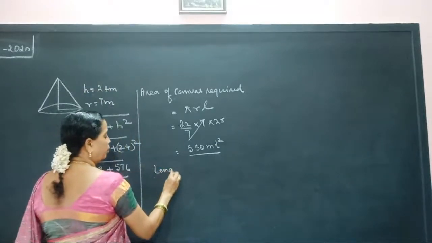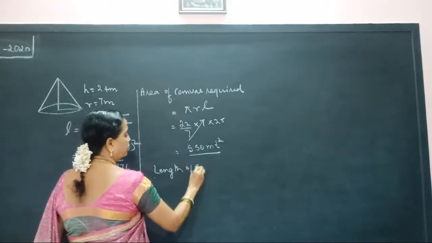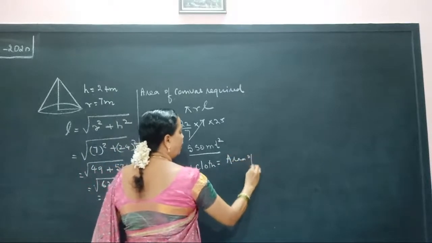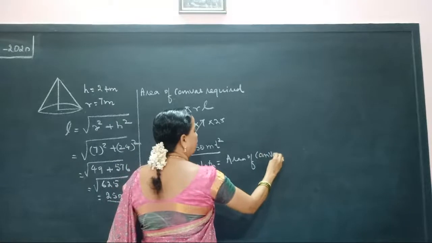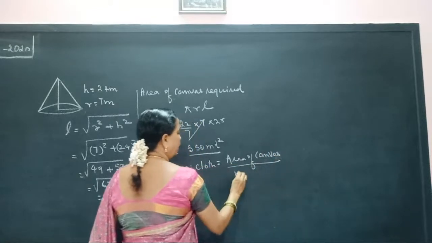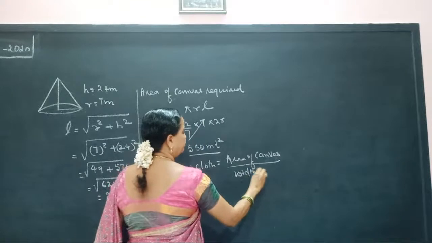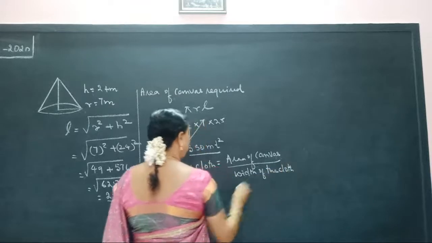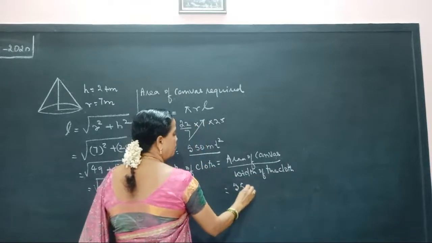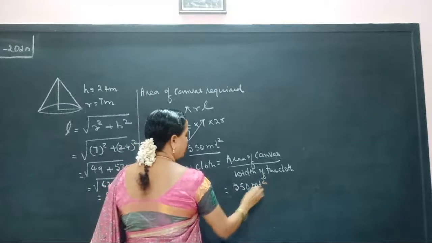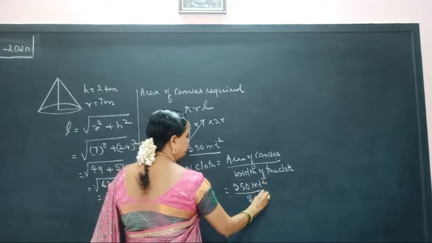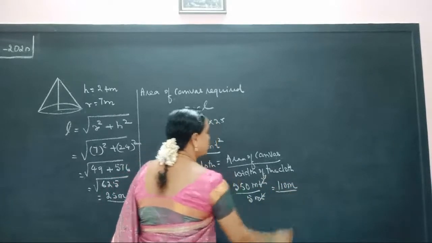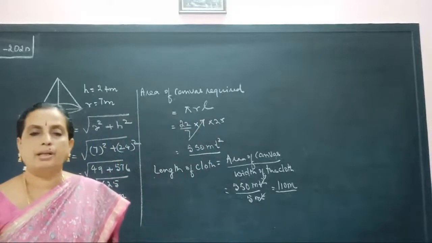Therefore, length of cloth equals area of canvas divided by width of the cloth. Width of the cloth is given as 5 meter, area is 550 meters square. Cancelling, you will get 110 meter. That is the length of the cloth required.